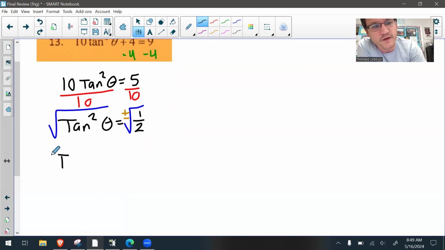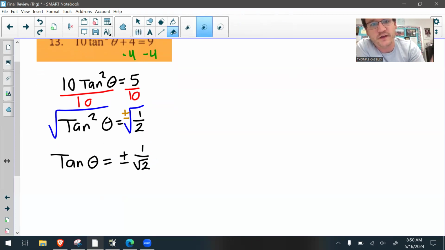So we end up with the tangent of theta equals plus or minus 1 over the square root of 2. But if we rationalize that denominator, we're going to get square root of 2 over 2.